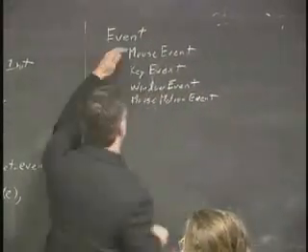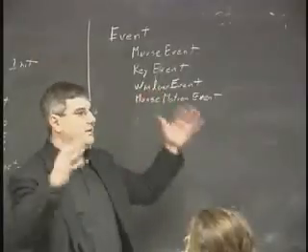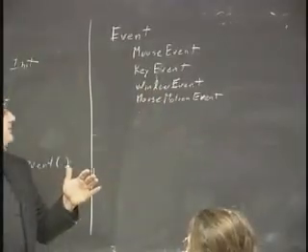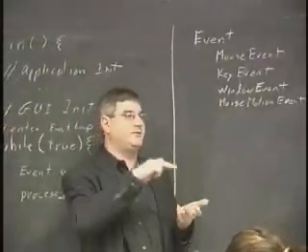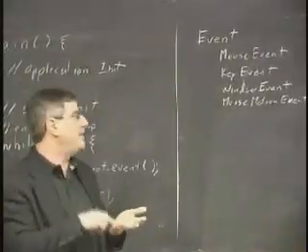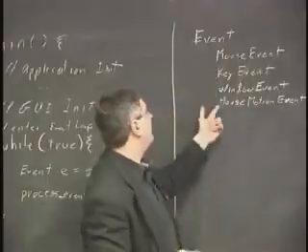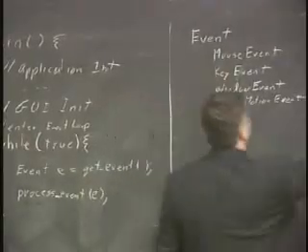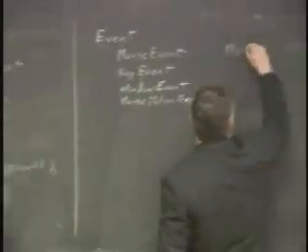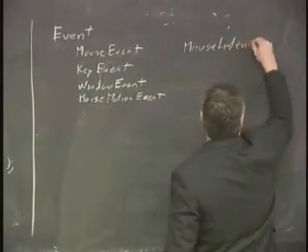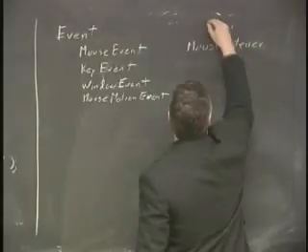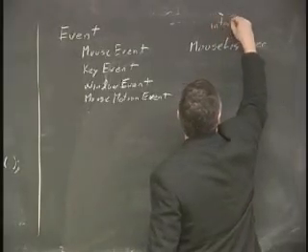And indeed, since we have a bunch of big classes of events, mouse events correspond to, say, a mouse click event, a mouse press event, a mouse enter event. These are grouped. Each one of these has a corresponding listener, and these are interfaces.